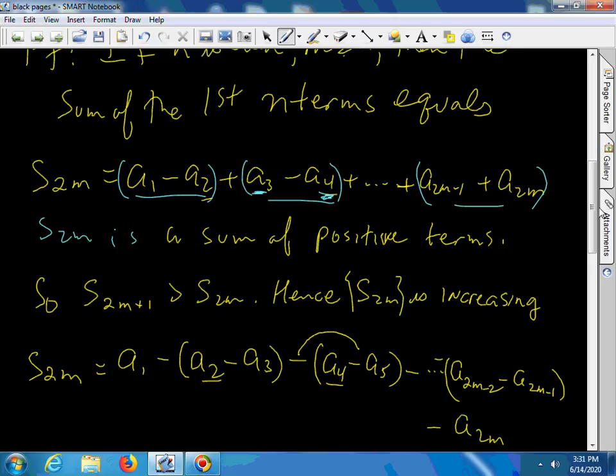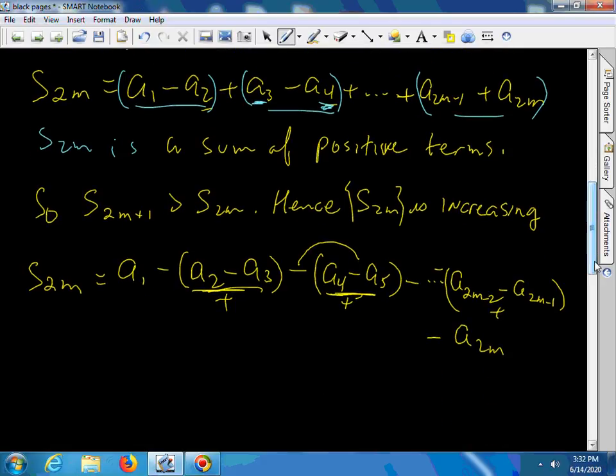Now, these are all negative. Actually, I take that back. These are all positive. So this quantity is less than a1.